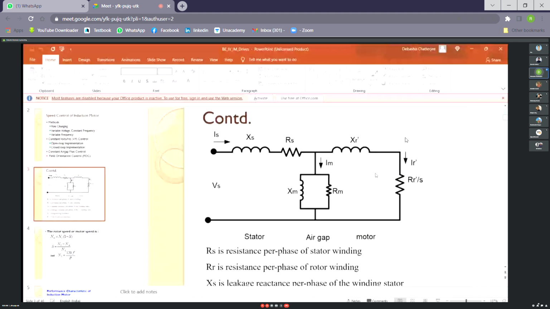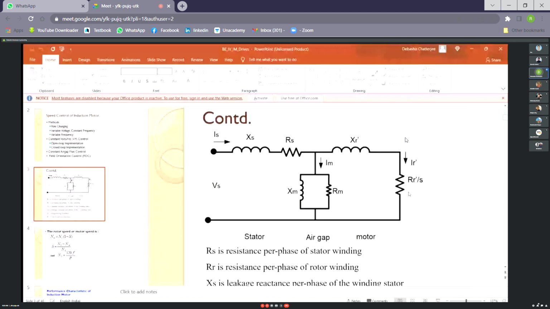Now this exact equivalent circuit is fine, but while computing torque it makes life a little tedious. You have to calculate the exact equivalent resistance, then divide voltage by the equivalent impedance to get the stator current, then get the rotor current, and then calculate torque as I_R squared R_R by S into 3 by omega S.